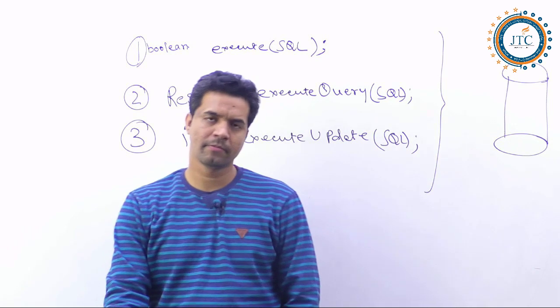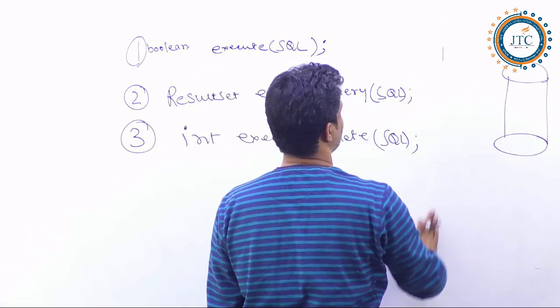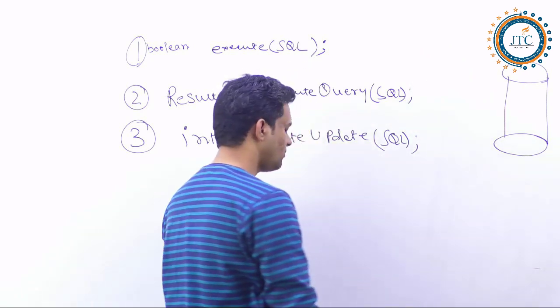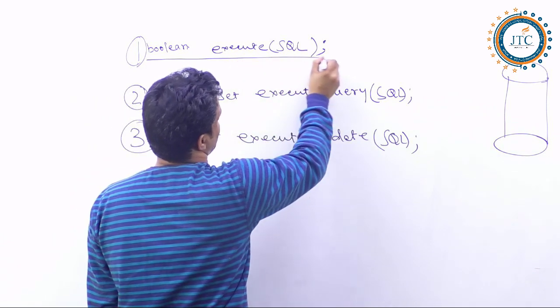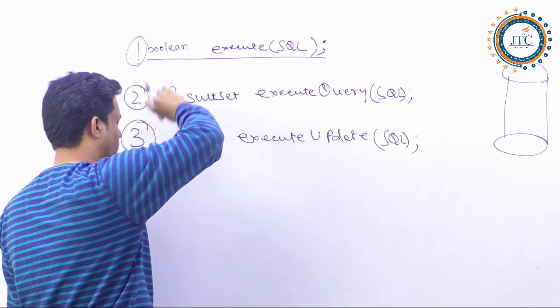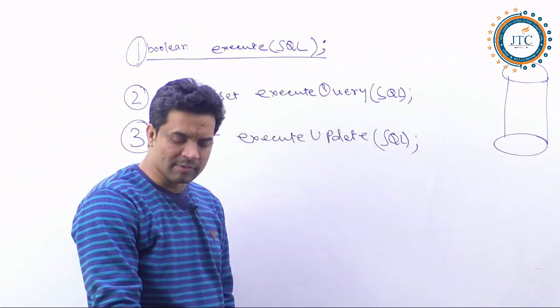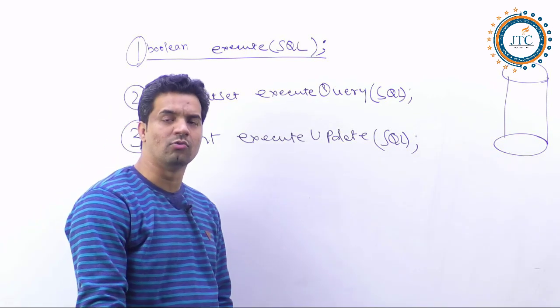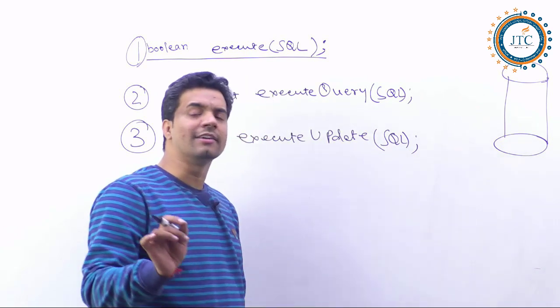Now when you have these different types of database, see here: the first method we are using submits the query to the database, and it returns Boolean. Boolean means it is going to return either true or false.